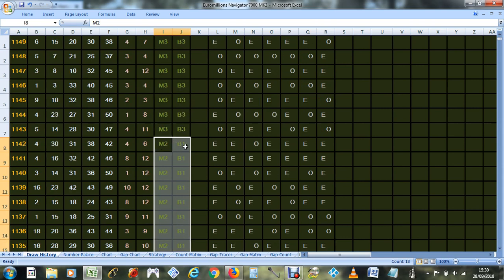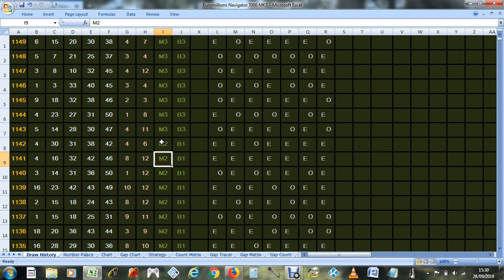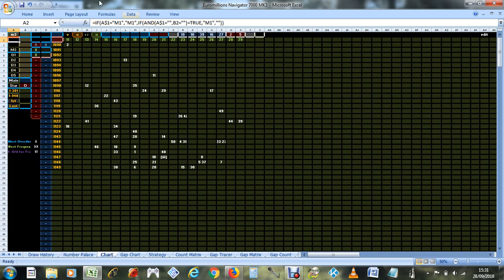Last month it was machine 2 set of balls 1, except they call it machine 11 for some reason. There's only 3 machines: machine 1, machine 11 and machine 3. So I think they mean machine 2 when they call it 11, so I just call it machine 2. But anyway, this month machine 3 set of balls 3, and this is the chart for machine 3.